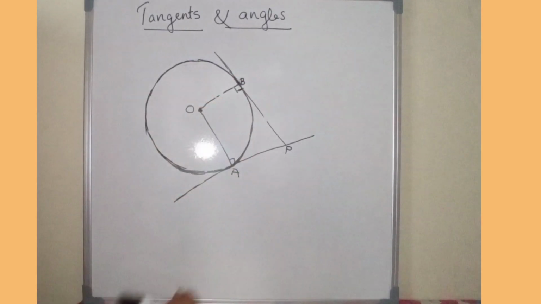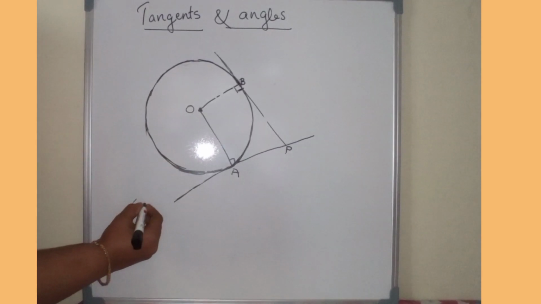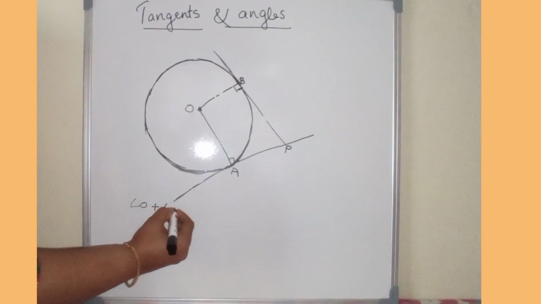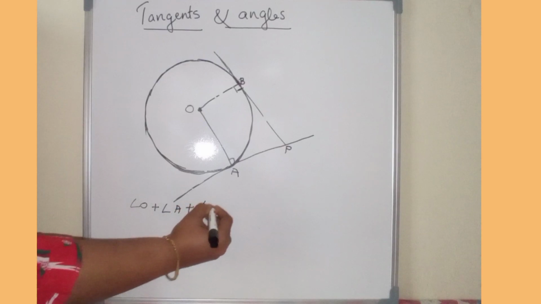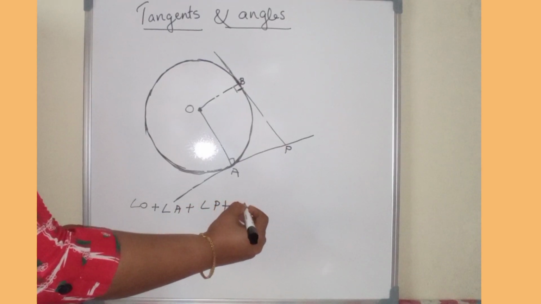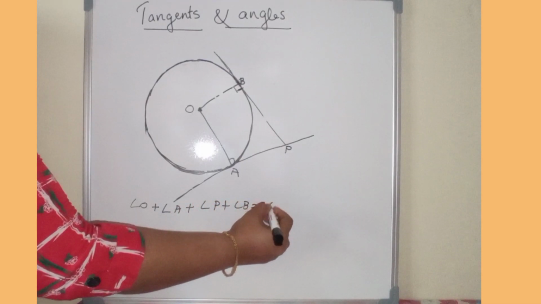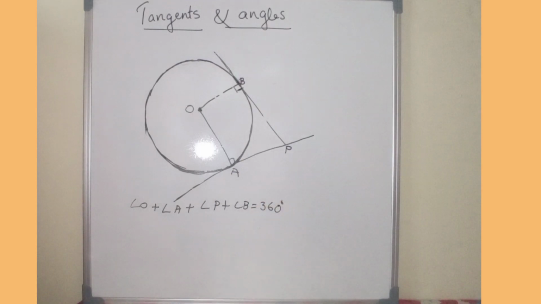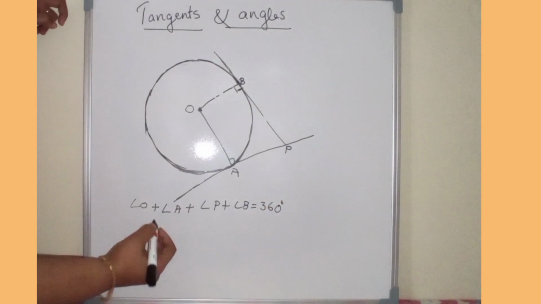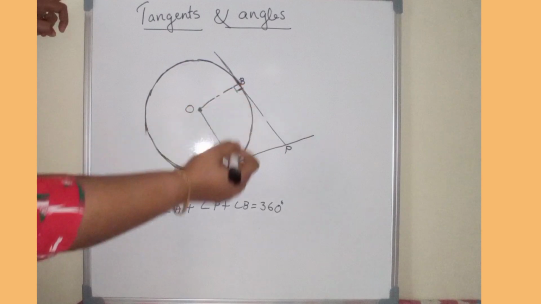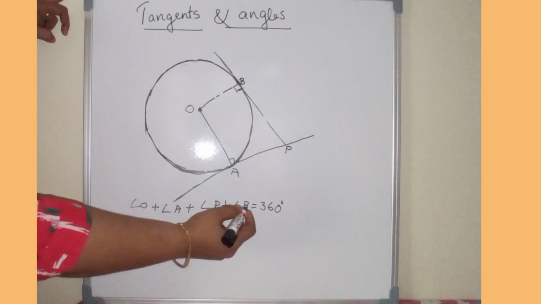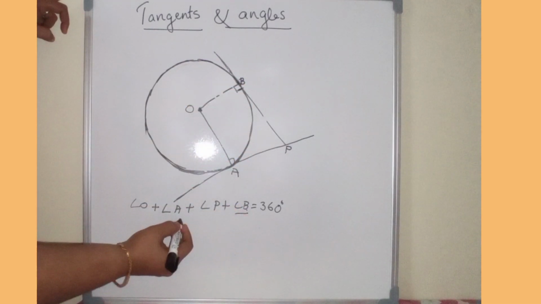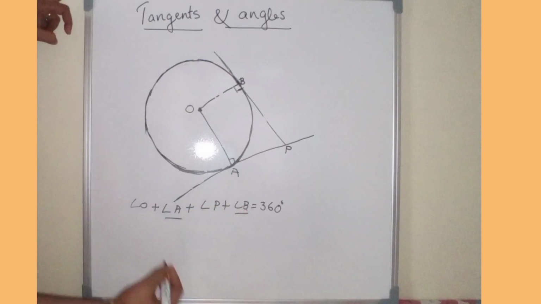Then, we know that the sum of angles of a quadrilateral is 360 degrees. So we have angle O plus angle A plus angle P plus angle B is equal to 360 degrees. And angle A plus angle B is equal to 180 degrees.